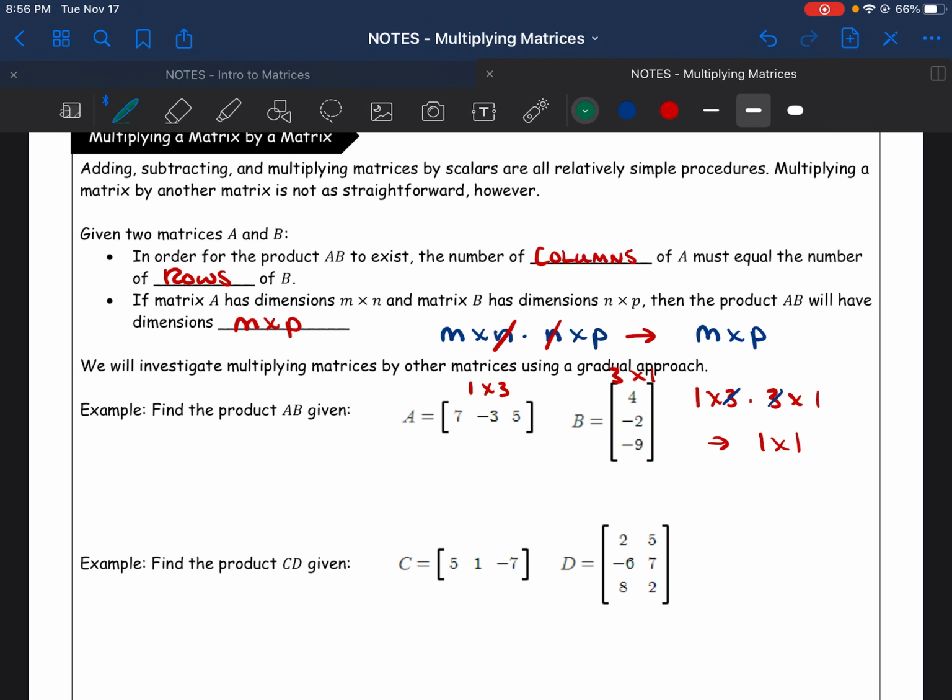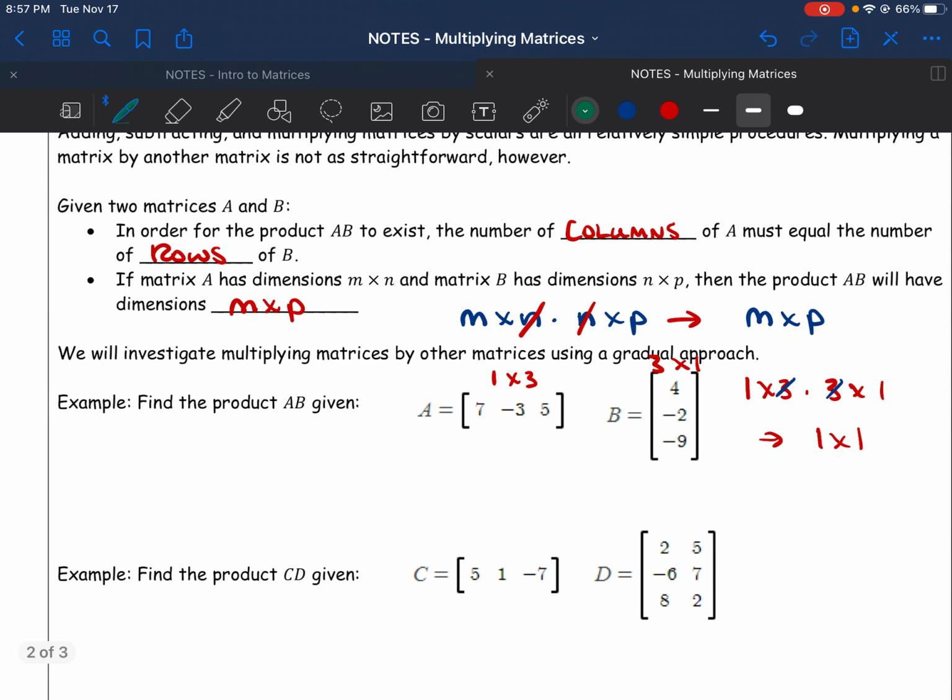Okay. So in order to do matrix multiplication, watch the pattern that we end up developing here. It's almost like we're going to take all of row 1, multiply it to all of column 1 in the next matrix, and add those products together. So we're going to be taking, for example, 7 times 4 plus negative 3 times negative 2 plus 5 times negative 9, and that's going to give us one element in the new matrix. Let's write this down exactly as it would look.